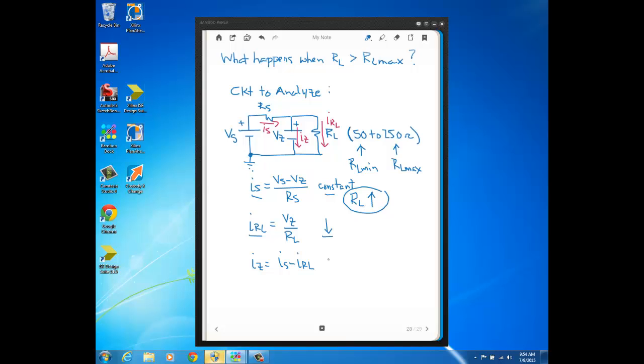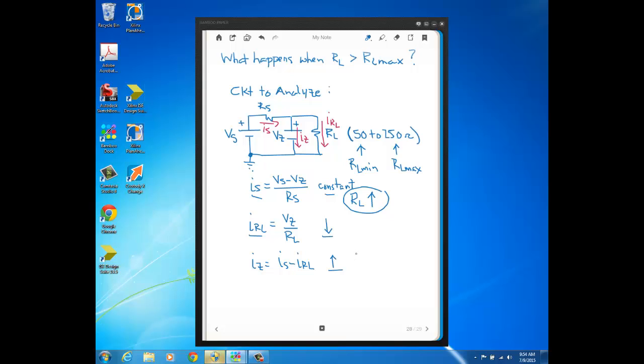Now, and this is really the important one here, what's happening to this Zener current as RL increases? Well, IS is constant like we said before, and IRL is decreasing with increasing RL. So this must mean that the Zener current is increasing as RL increases.